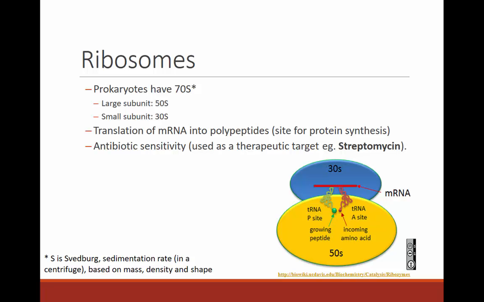If you took that out of play, then there would be no protein synthesis in that cell and it would die. And you would leave your cells alone. They shouldn't be affected. And I'm saying shouldn't because you always have to remember that there's the mitochondria in your own cells as well. So it's always a bit of a trade-off.